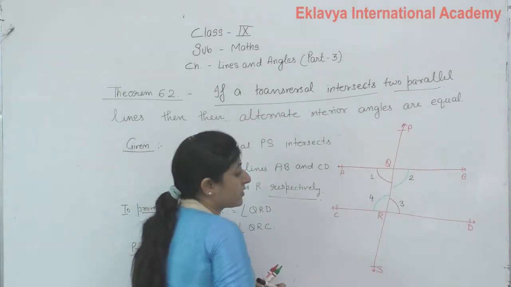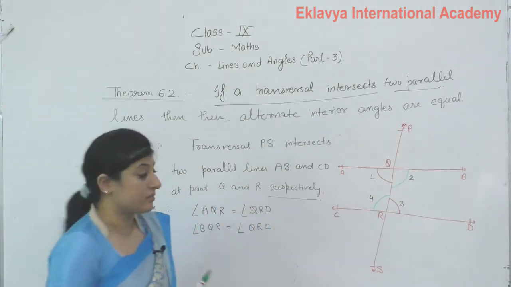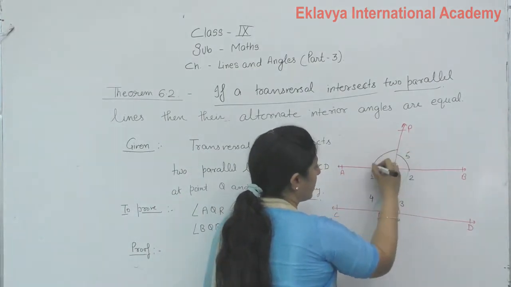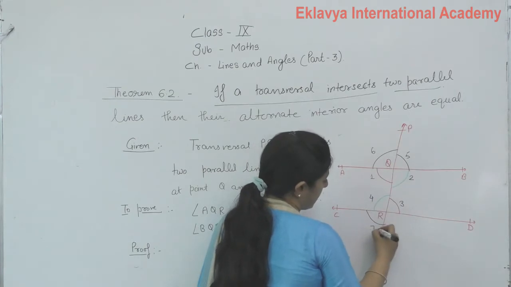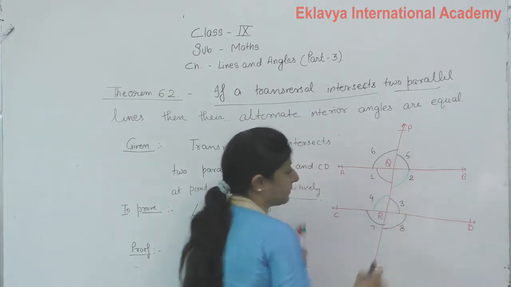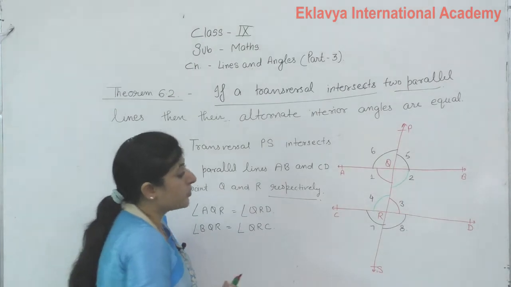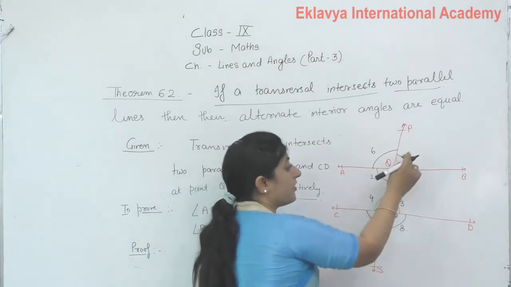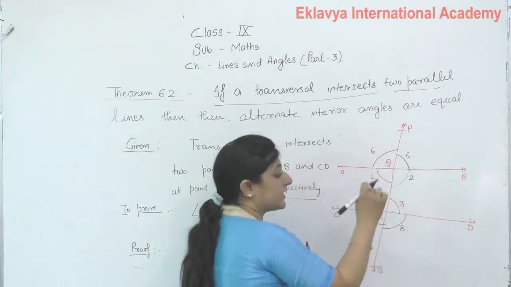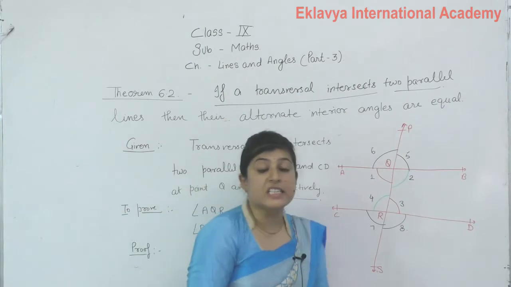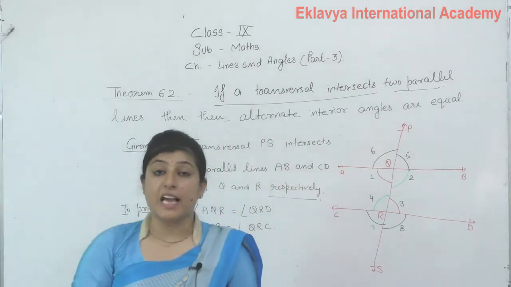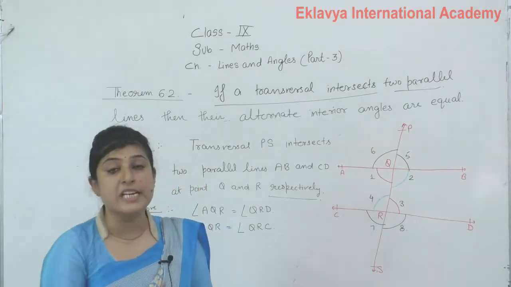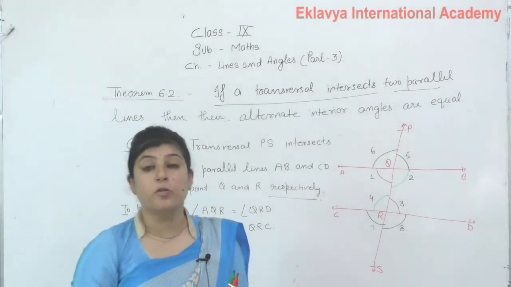How to prove it? Firstly I am explaining here. Suppose I take this angle and this also, 5, 6, 7, 8. How to prove that angle 1 is equal to angle 3? We know that angle 5 is equal to angle 3. We discussed the corresponding angle axiom. I already said we will use the axiom statement directly; there is no need to prove it.